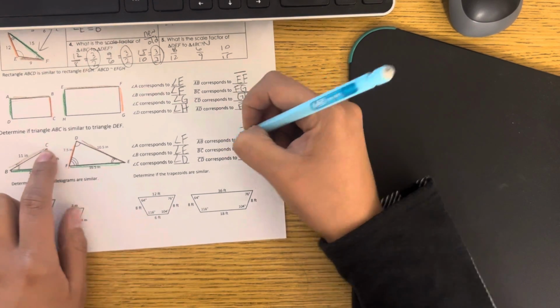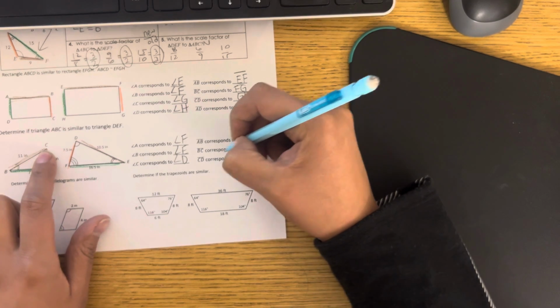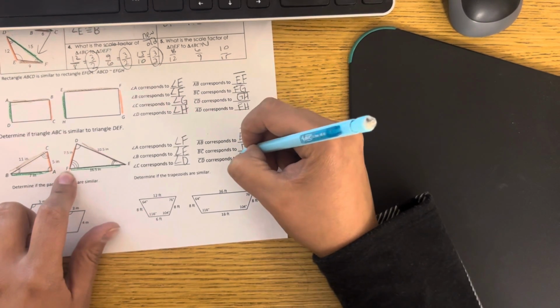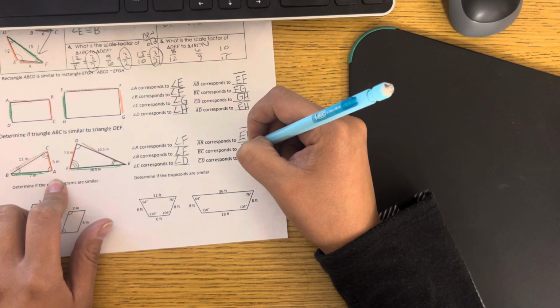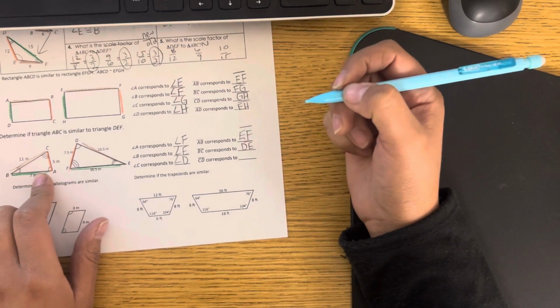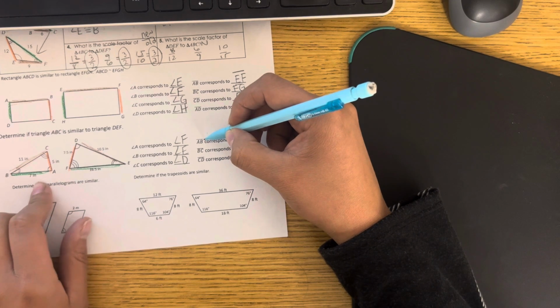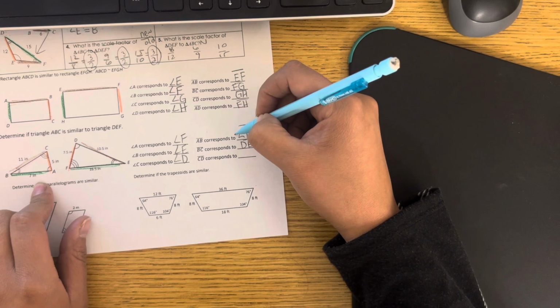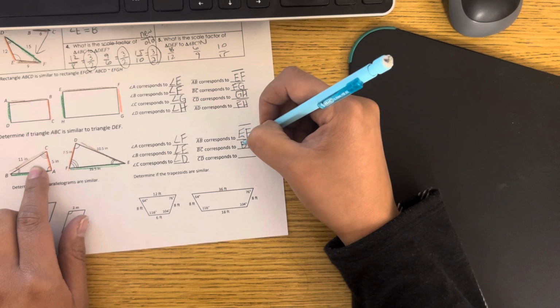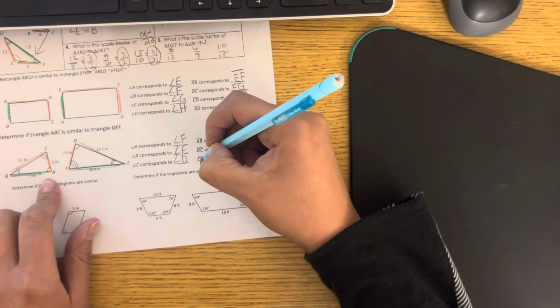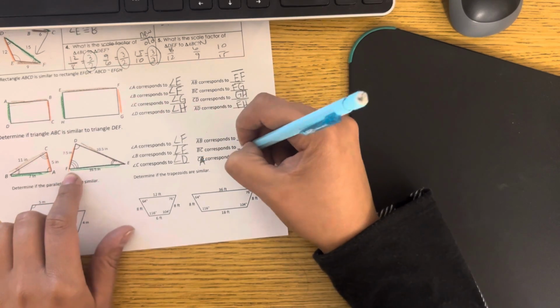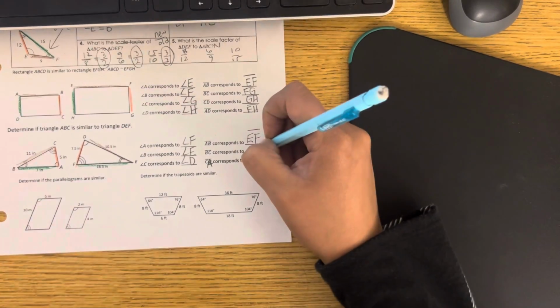BC corresponds to DE, and then, sorry, I missed something up there. AB, EF, BC, DE, and then this should be CA. CA corresponds to DF, so that's a typo on there.